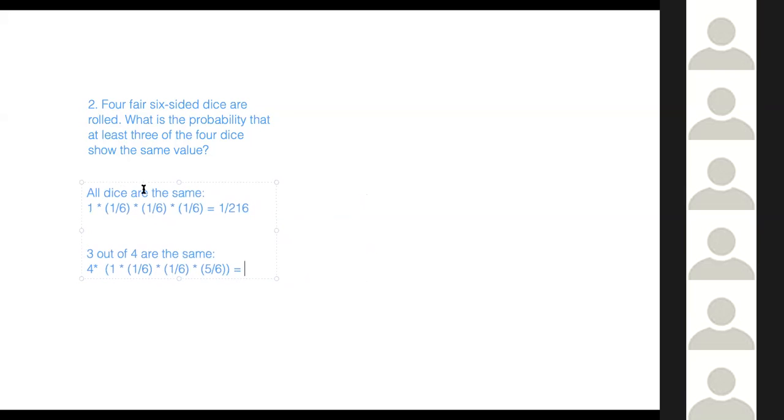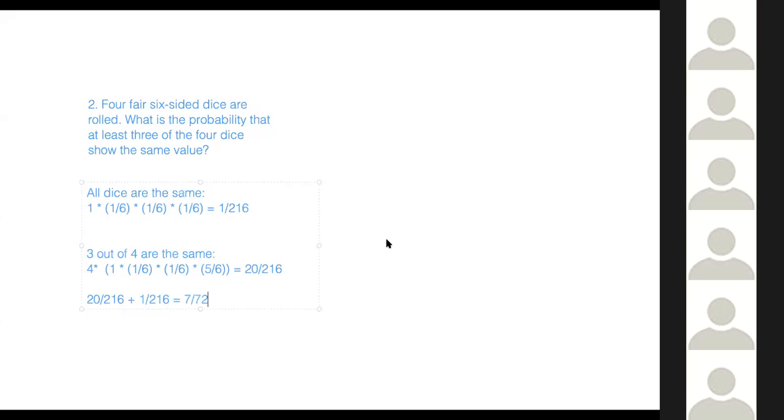And if you multiply this, you get 5 out of 54. And if you add 1 out of 216 plus 5 out of 54, you get 7 out of 72.